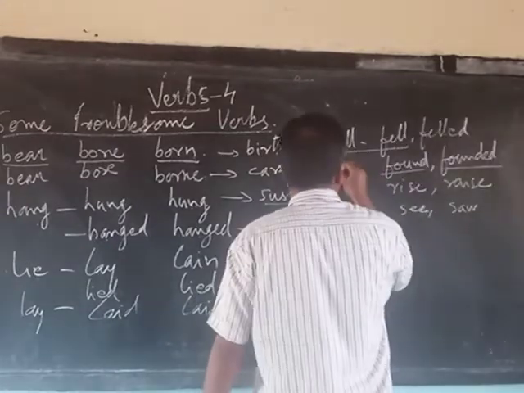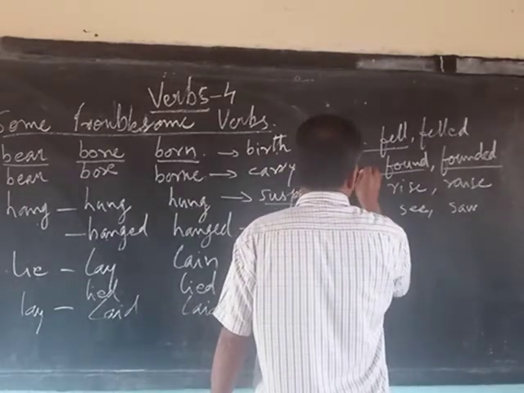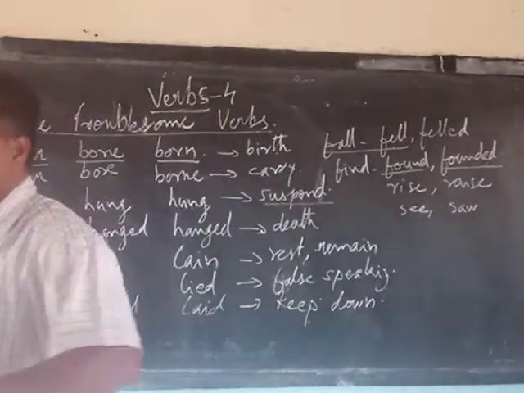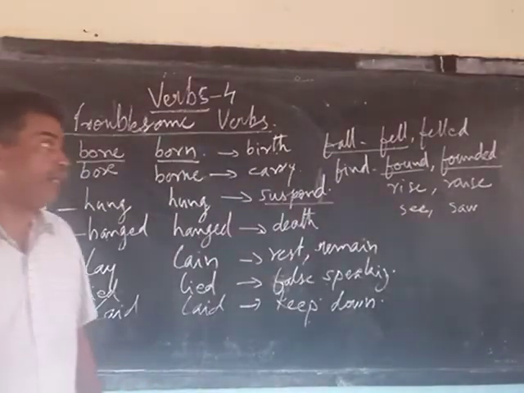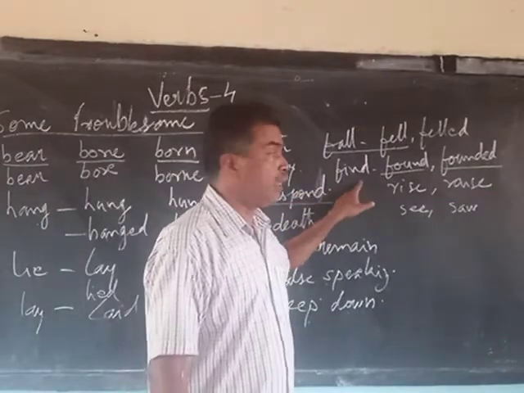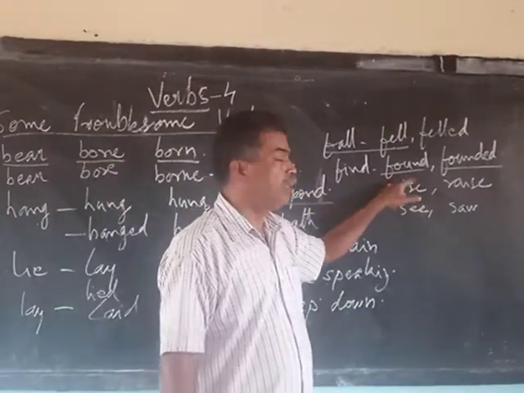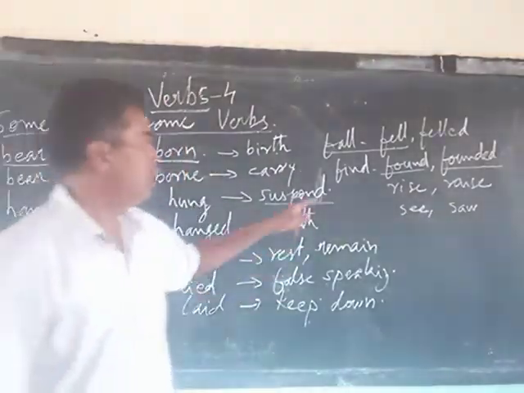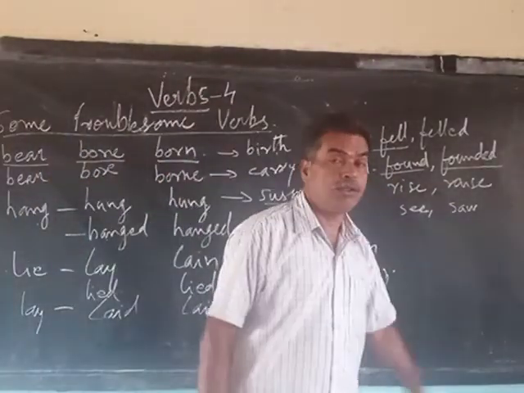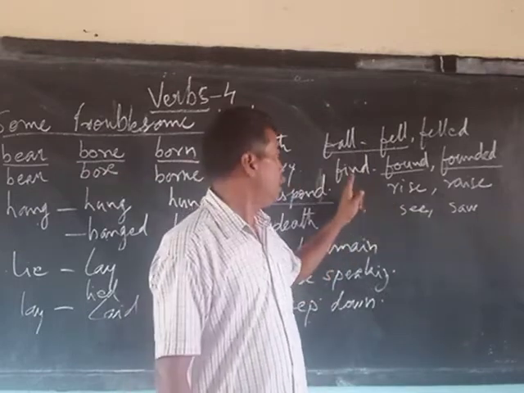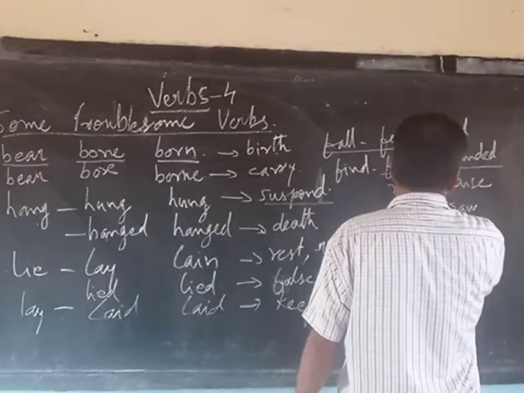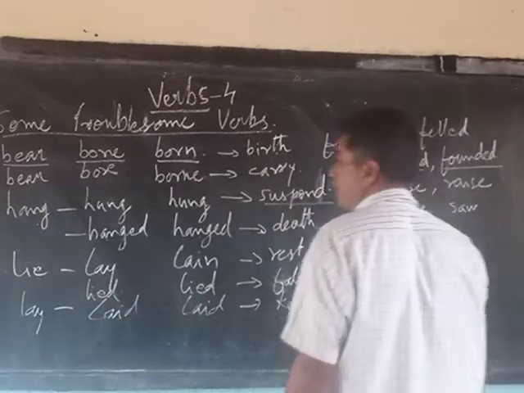Fine. Next, found and founded. Find. Okay, I cannot find my books. I cannot find my pen. Find, present tense. Past tense is found, and past participle is also found. V1, V2, V3: find, found, found. Now this found is a V1 form for founded.